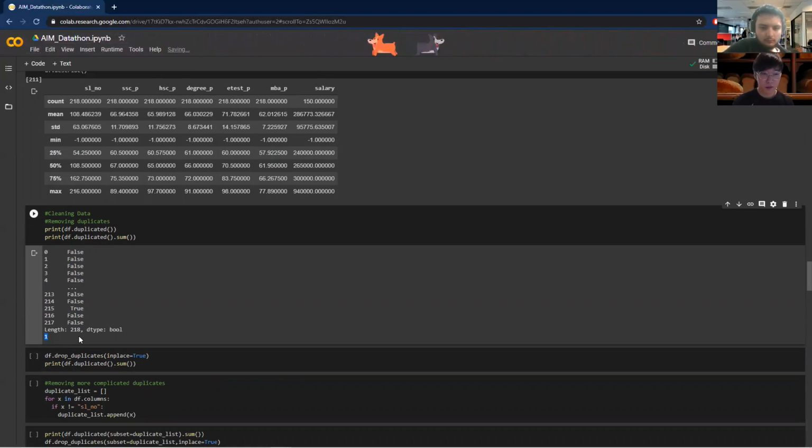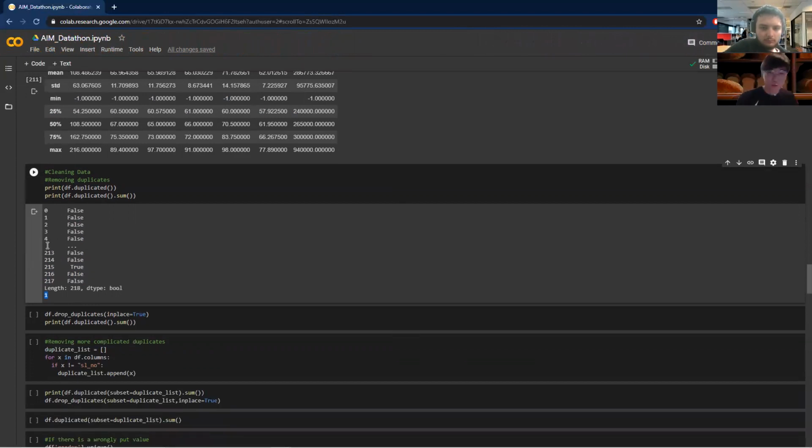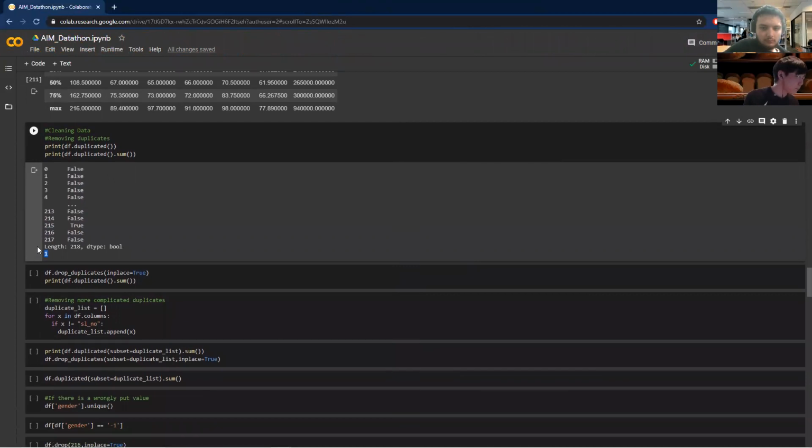Each of these rows is supposed to represent an individual. And if there's two individuals with exactly the same test scores and serial number and salary and everything, that shouldn't be right, unless, I don't know, we adopt a doppelganger twin. But even then, the serial number shouldn't be the same.